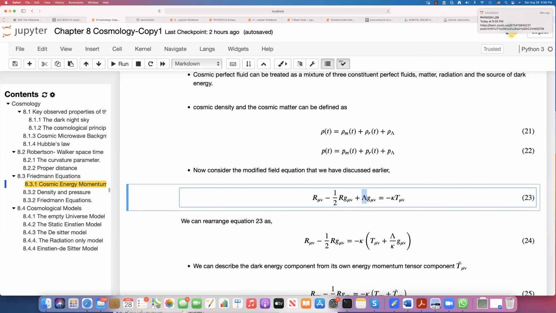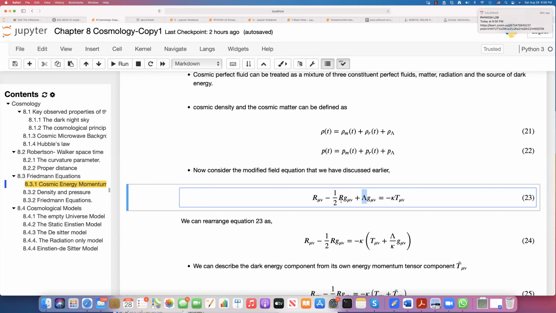But remember that at that time, Einstein did not put this constant to represent the dark energy. He had an idea that our universe should be static, and because of that, you should have a term right here to stop this expansion. So that's what he did. But now we know that this is the dark energy term. So that is the current usage of that.